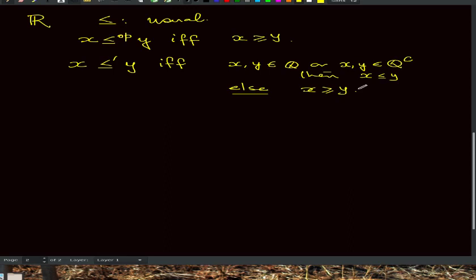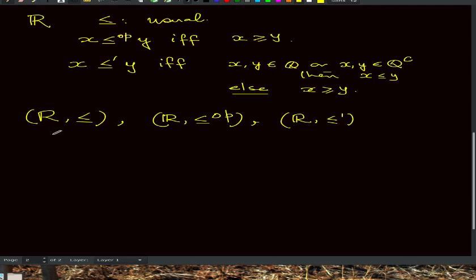So you see, R makes three partially ordered sets. This is one partially ordered set, this is another partially ordered set, and this is another partially ordered set.